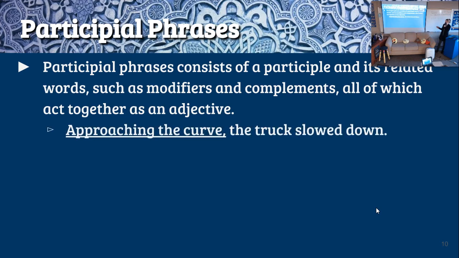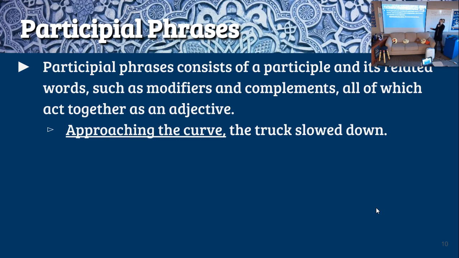Approaching the curve, the truck slowed down. Truck is our subject, slowed is our verb, down is an adverb modifying the verb. Approaching is our present participle. The curve is telling us where we're approaching. So it's a modifier of the participle approaching, which means it's part of the whole participle phrase, approaching the curve.